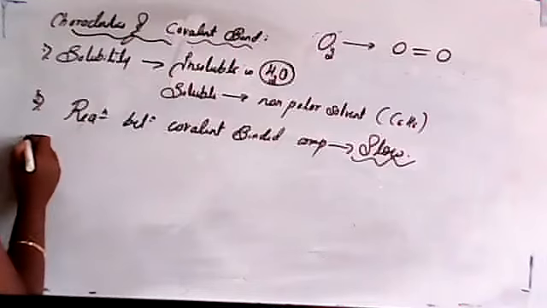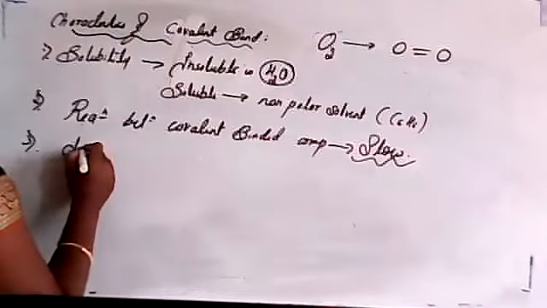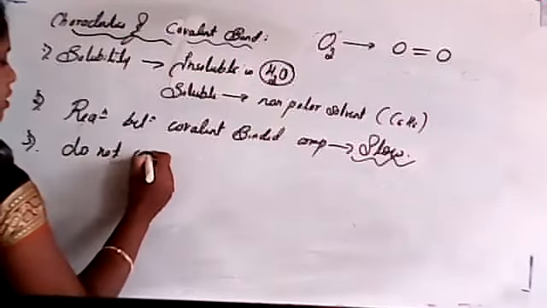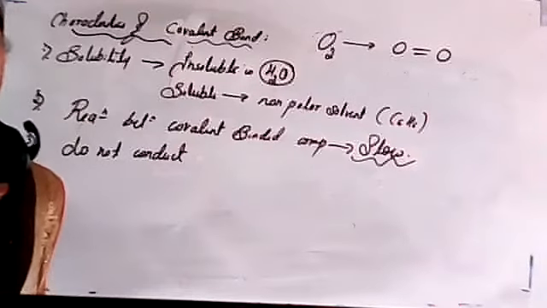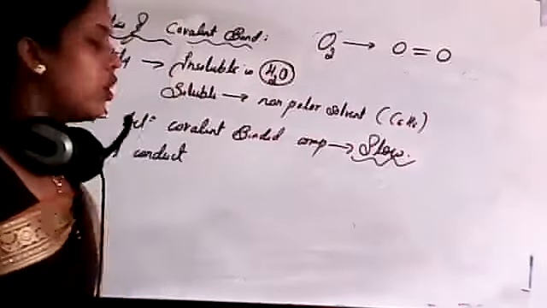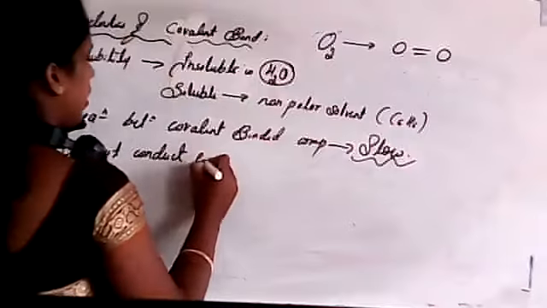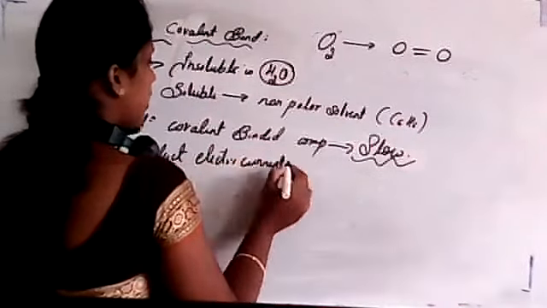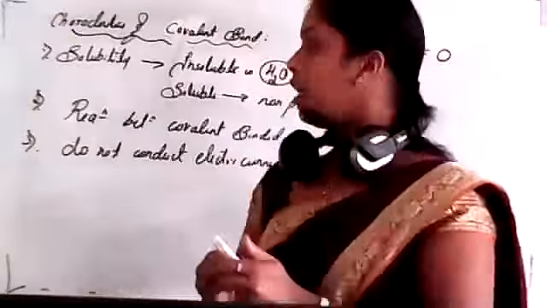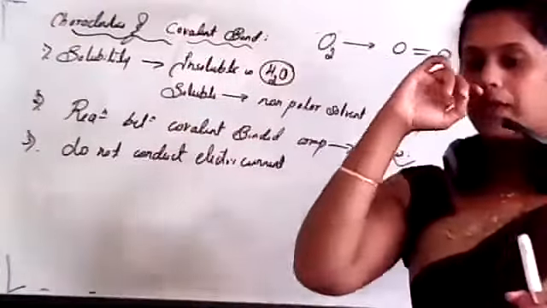And the last one, the third one: they do not conduct electricity or electric current. Clear? So these are the three important characteristics of covalent bond.